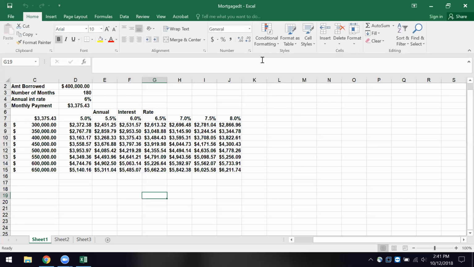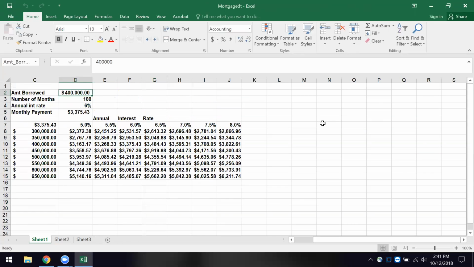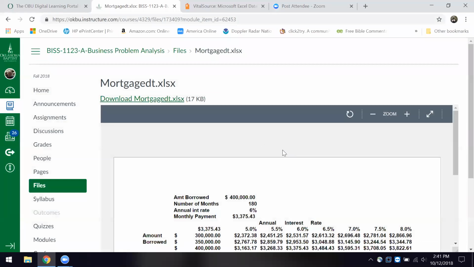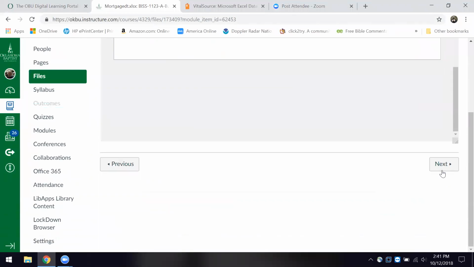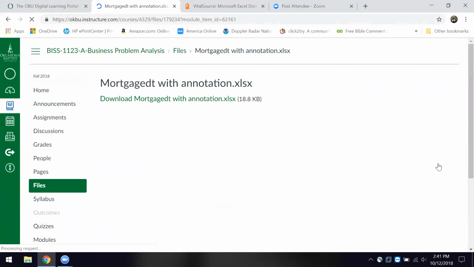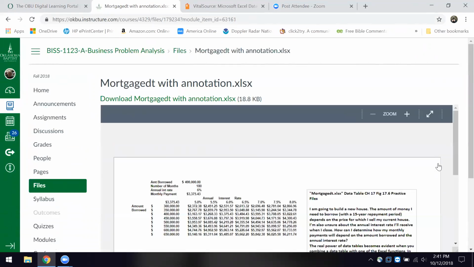And here's the amount borrowed. We borrowed $400,000. Now, I didn't go into the textbook and pull some annotations, so I'm wrong as far as that goes. Well, I don't even want this file. I want the annotated file, the uploaded one. So I got ahead of myself here. Here it is. Mortgage to a T with annotation.